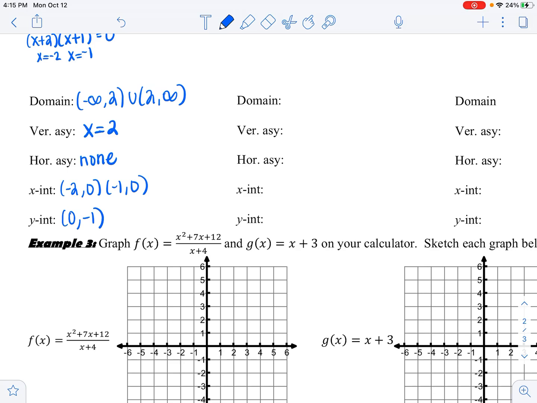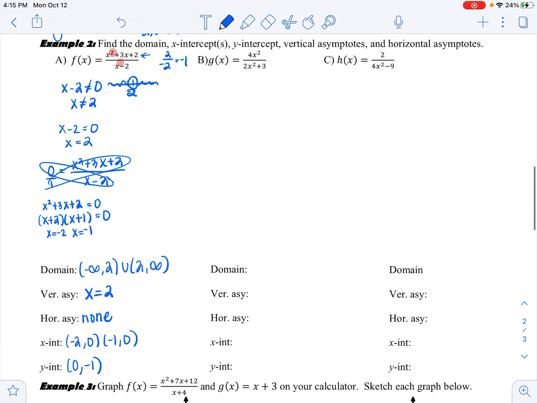Same process, same idea. So domain, I'm going to say, are there any restrictions? Since it's a fraction, denominators can't be 0. So I'm going to say 2x squared plus 3 can't be 0. Subtract 3. 2x squared can't be negative 3. Divide by 2. X squared cannot be negative 3 halves.